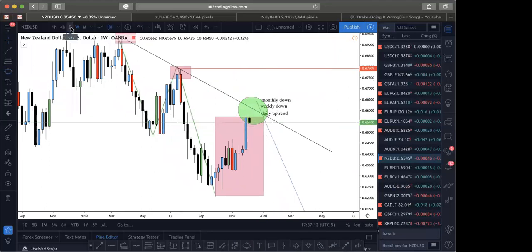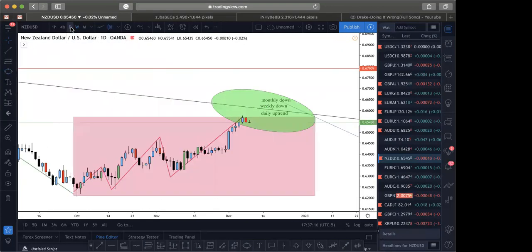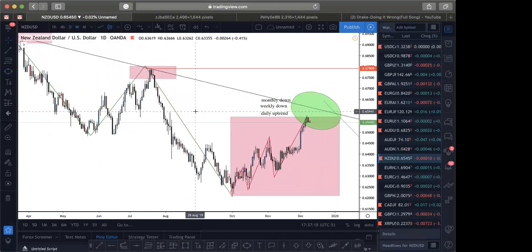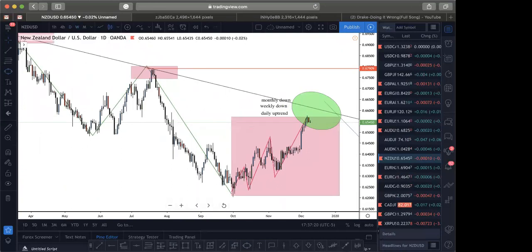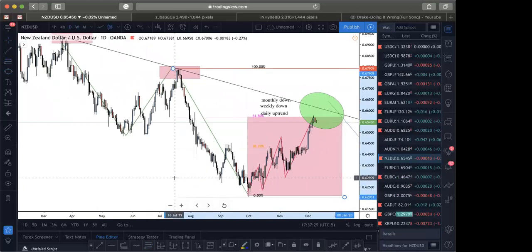Just a simple confluence that you can use to find an entry, or you look for a reversal signal, right? Or we can even add in a Fibonacci for those traders who have been in my past webinars.